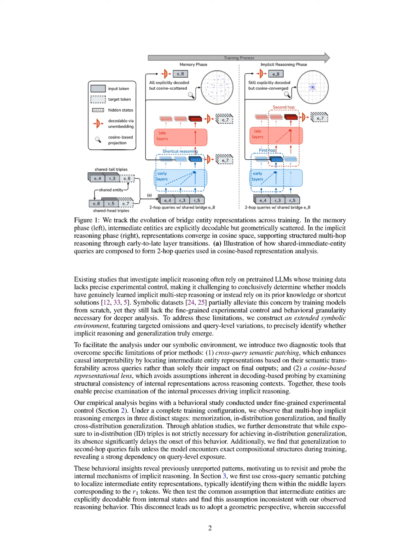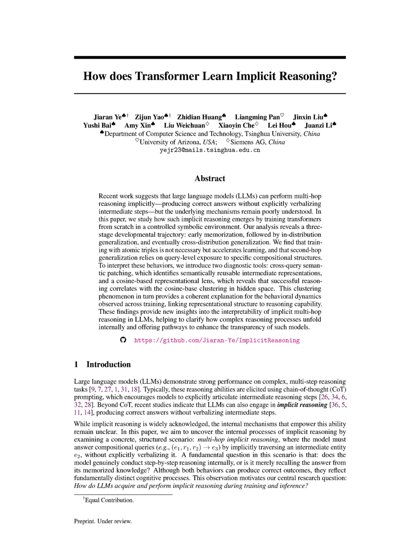Additionally, we employed two diagnostic tools: cross-query semantic patching for causal interpretability and a cosine-based representational lens to analyze the structural consistency of internal representations. This comprehensive approach ensured that we could precisely identify the emergence of implicit reasoning behaviors and their underlying mechanisms throughout the training process.